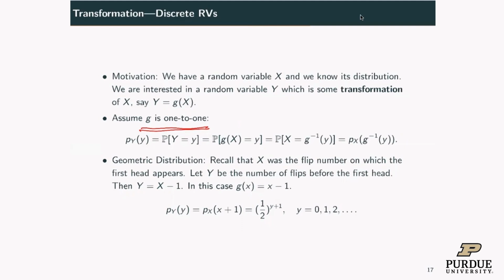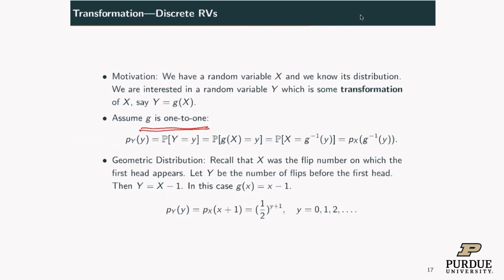What is big Y? It's a transformation of x. So this is g(x) equals y. Since g is 1 to 1, it has the inverse. So it's x equals g inverse of y. Since I know the distribution for x, I just plug g inverse of y into the PMF of x. Now I can get the distribution for big Y, this transformation.